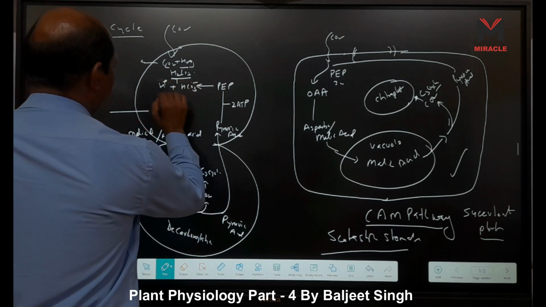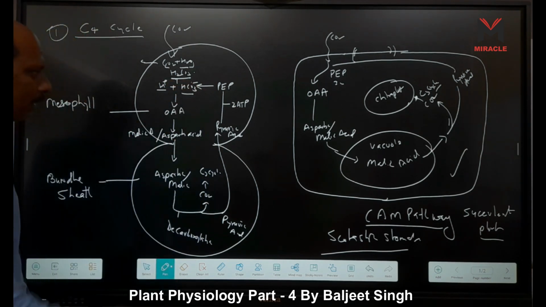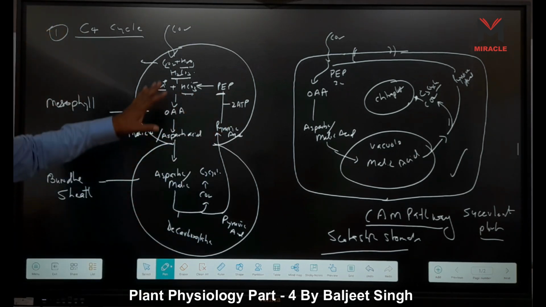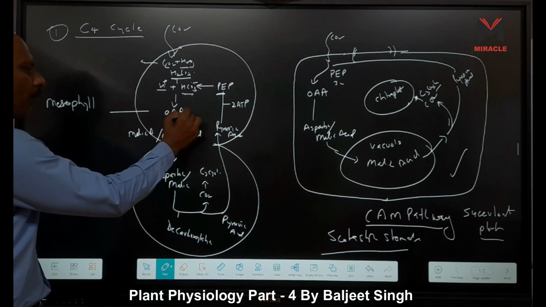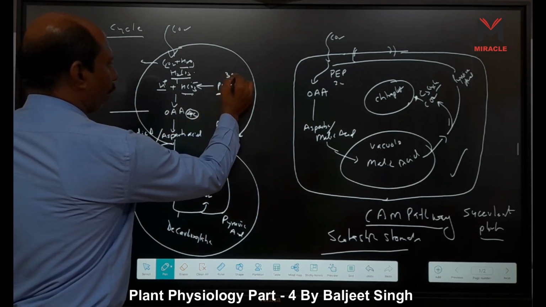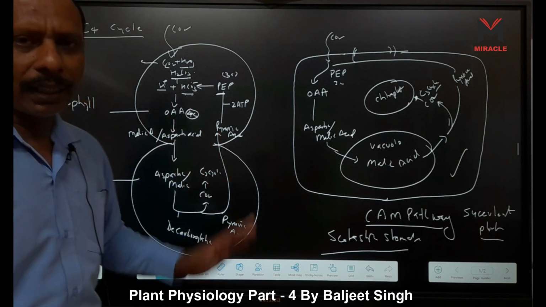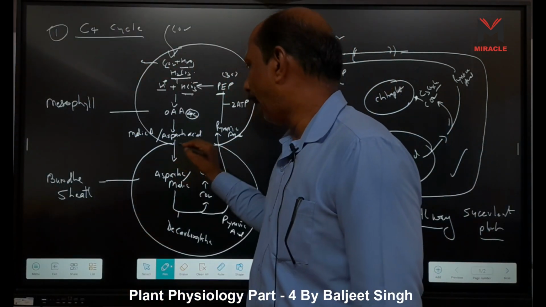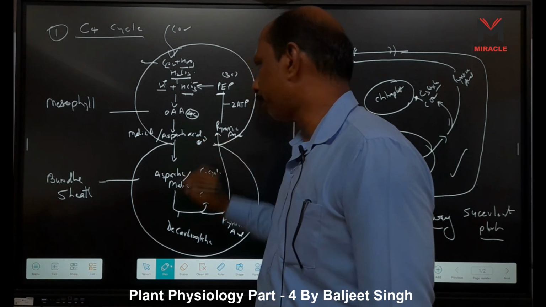Now H2CO3 is broken down into H plus and HCO3 minus. This HCO3 minus binds with phosphoenol pyruvate and forms oxaloacetic acid, which is a 4-carbon molecule. PEP is a 3-carbon molecule, right? Now this oxaloacetic acid, by using NADPH2, converts into aspartic acid or malic acid. It is also a 4-carbon molecule.